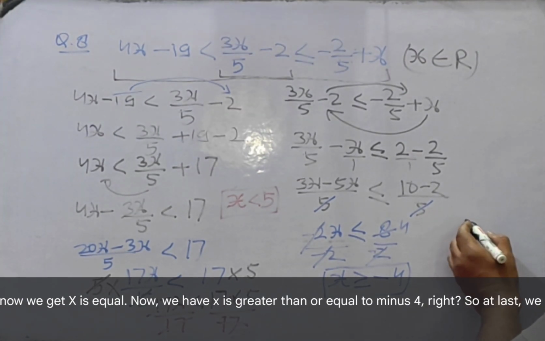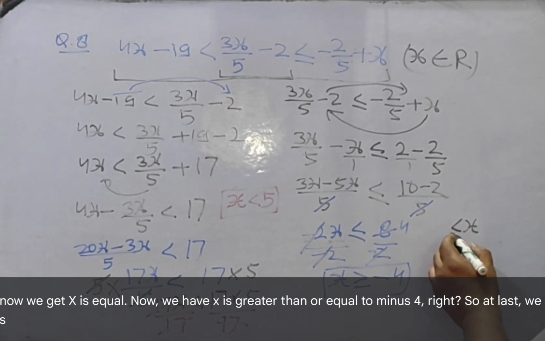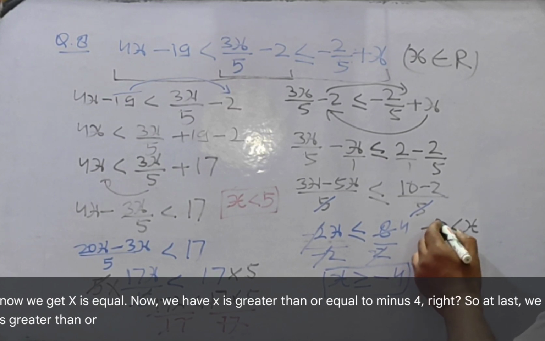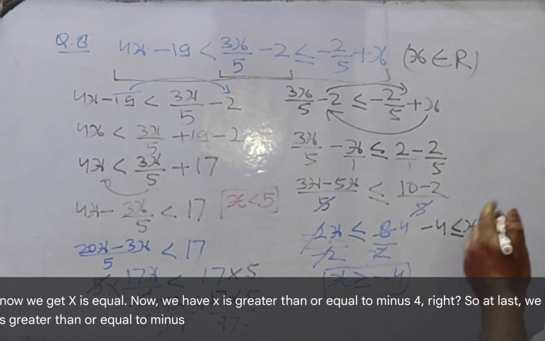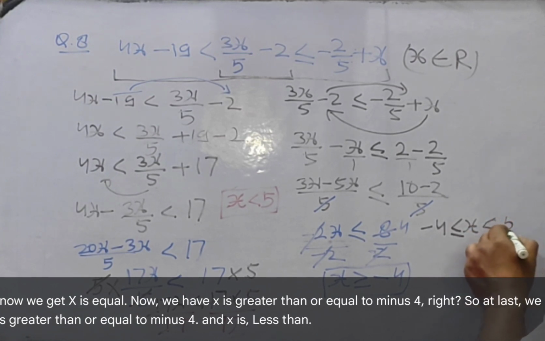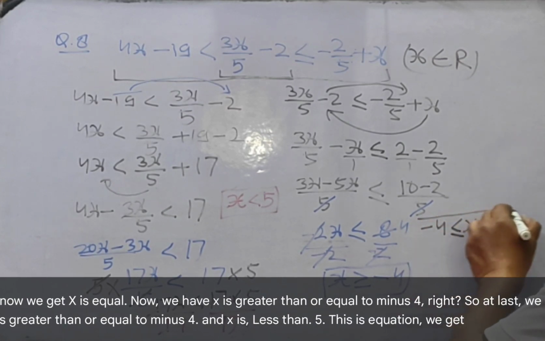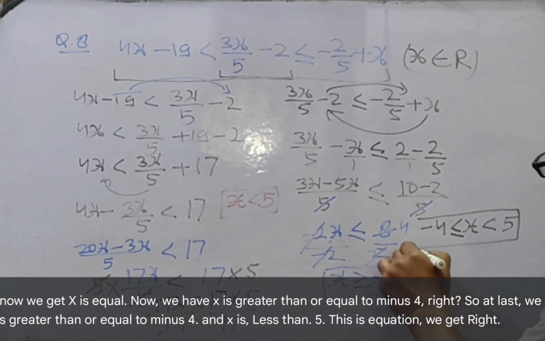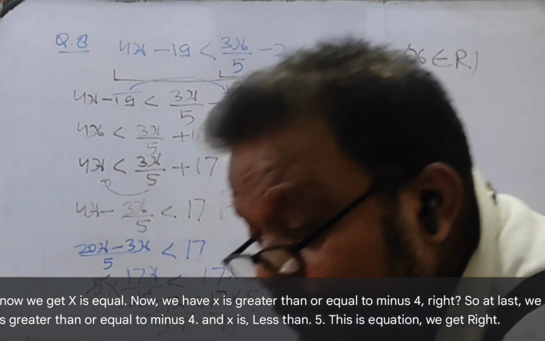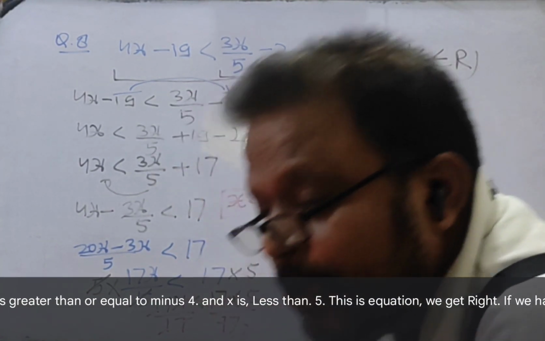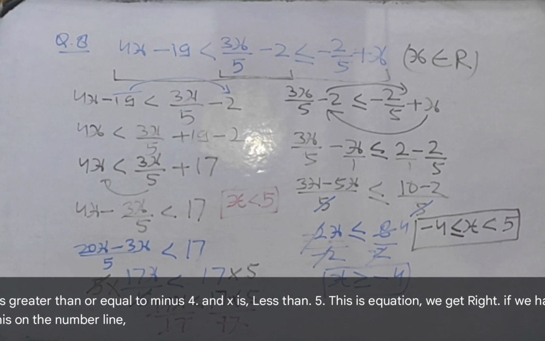So at last we get the inequality: x is greater than or equal to minus 4 and x is less than 5. This is what we get, right? If we have to express this on the number line, I was expecting something like this.